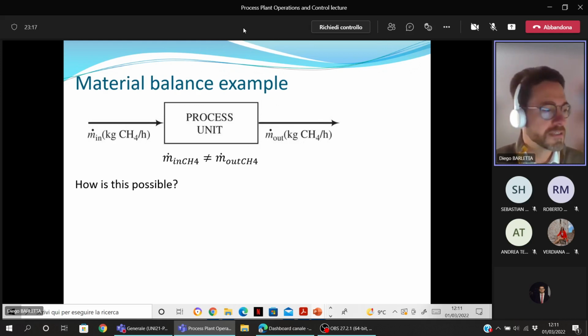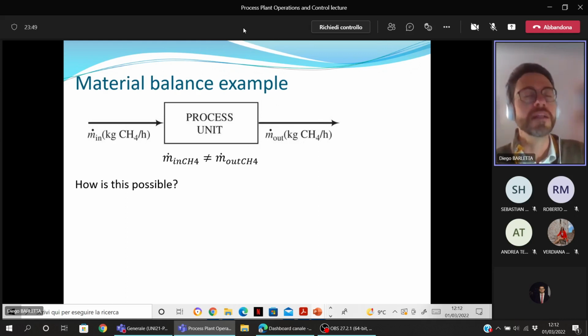So in order to have a figure about the mass flow rate, we need some instrumentation, a sensor measuring the mass flow rate. So a possible explanation could be that one of the two sensors, the one measuring the input flow rate or the output flow rate, is not working properly, and so our reading is not correct, and this could be an explanation for this inequality.